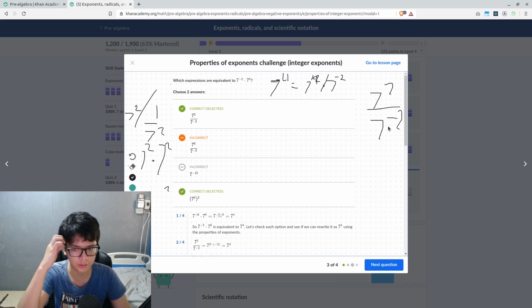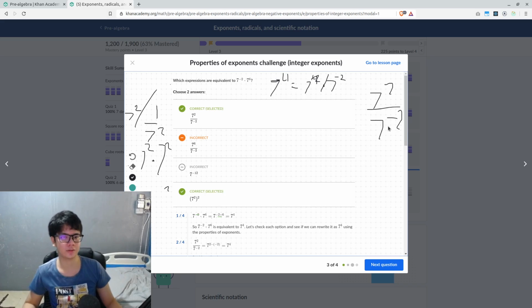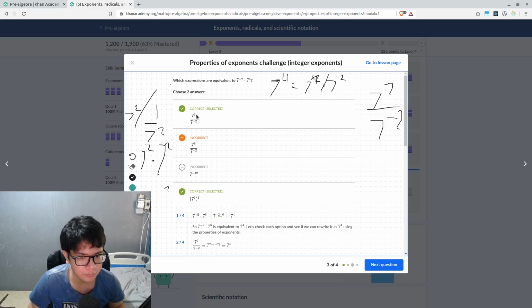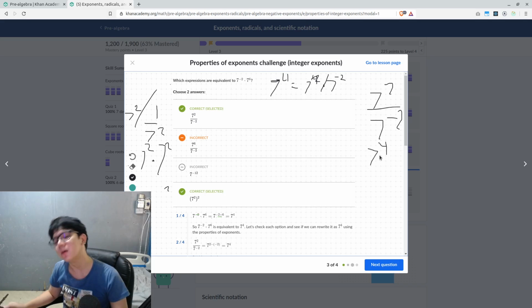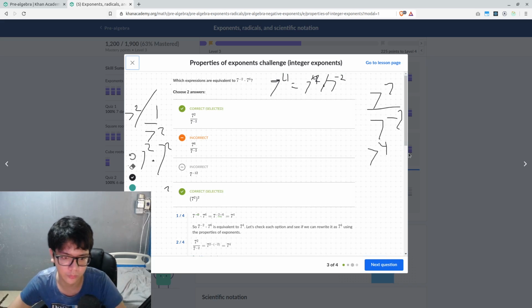What the fuck? Insane. This is insane. I mean, if you subtract 7 2 by that, it's 7 4 backward. That's so weird.